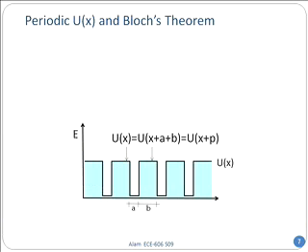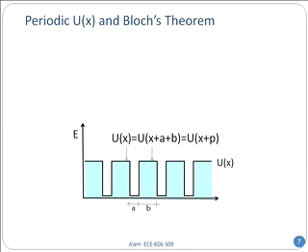Now, remember where that comes from, or see how it comes from. The main feature of this potential is that if you take any given location x, position x, and the potential corresponding to that x, assuming that x equals 0 is the origin on the left, and that can be any arbitrary origin, then you can see that when x is displaced by a plus b, the potential is the same.